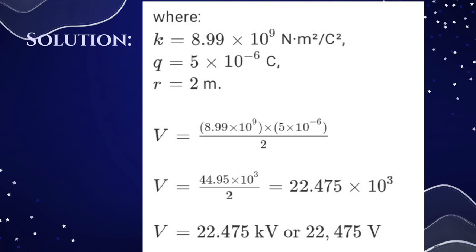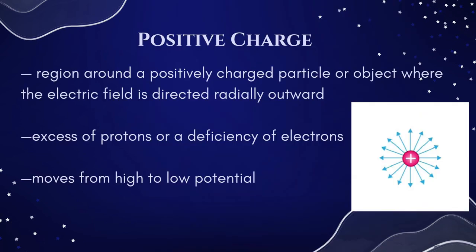So the electric potential at a distance of 2 meters from the charge is 22.475 kV, or 22,475 volts. Here's the difference between a positive charge and a negative charge. The positive charge is a region around a positively charged particle or object where the electric field is directed radially outward.